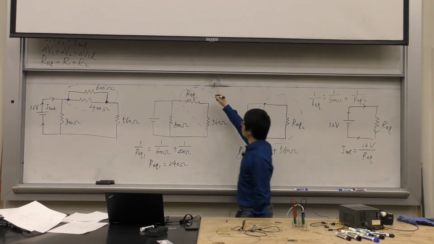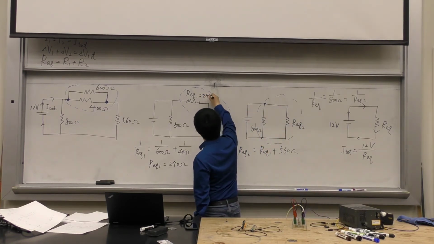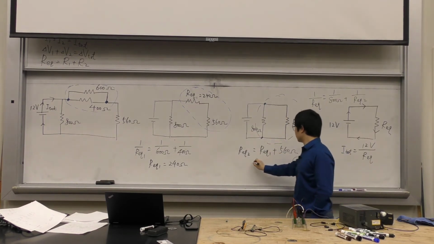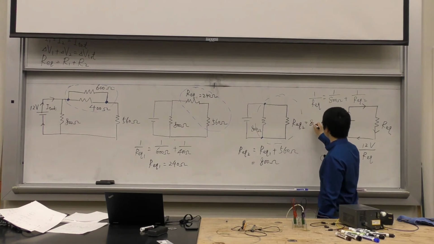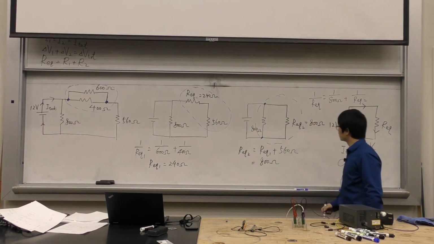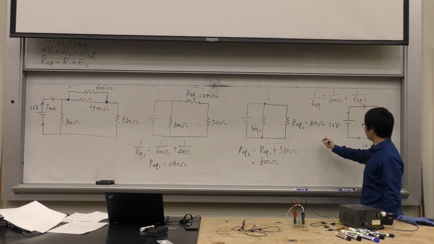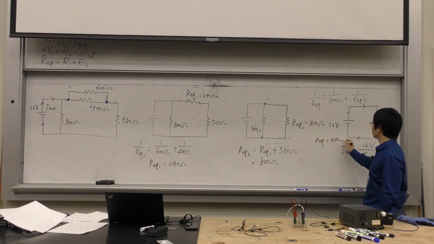So this guy is 240 ohms. Now you combine these two guys, you just add them because they are in series. So that's going to be 800 ohms. Oh, this guy is also 800 ohms. Nice. Now the final step, you combine these two guys in parallel. The final REQ is going to be 400 ohms.